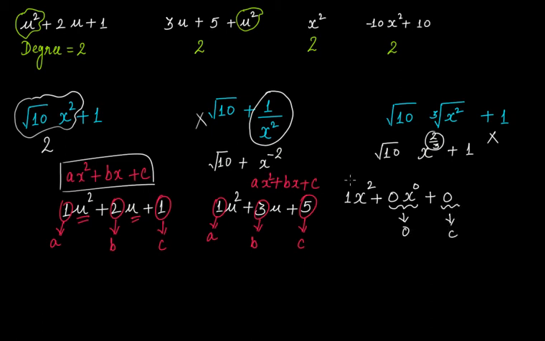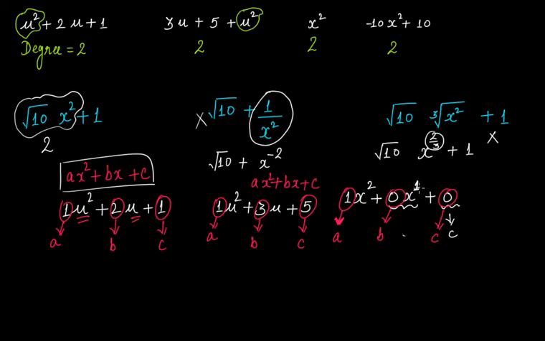Now in this case, this is a, this is b, and this is c. Now clearly b and c can be 0. That's what we have discussed. But a cannot be 0. One correction, this has to be x raised to power of 1.